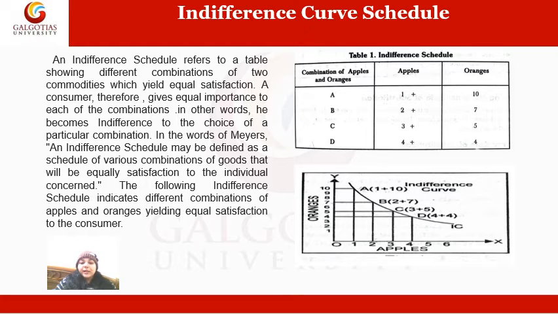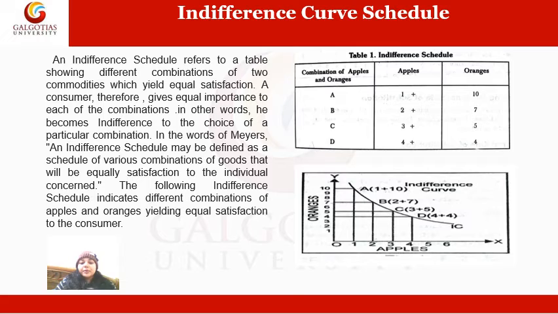Now we have a definition of indifference schedule. In the words of Mayers, an indifference schedule may be defined as a schedule of various combination of goods that will be equally satisfactory to the individual concerned. The following indifference schedule indicates different combination of apple and orange yielding equal satisfaction to the consumer.